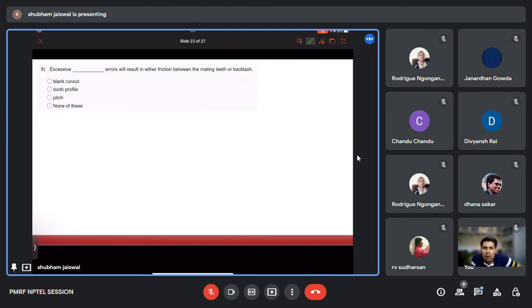Okay. Moving to next question. So what causes the backlash or the excessive blank space errors that will result in either friction between the mating teeth or backlash? Blank runout, tooth profile, pitch, none of these. Anyone? Okay. So the tooth profile.